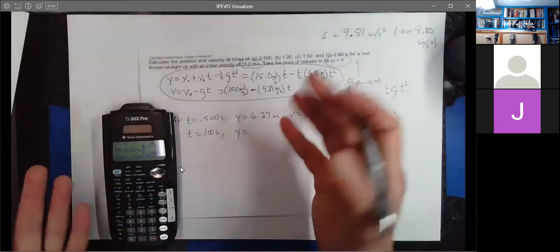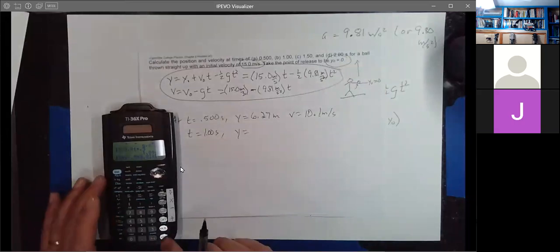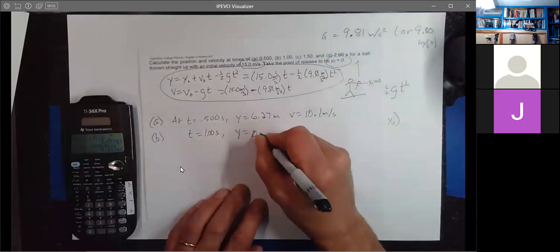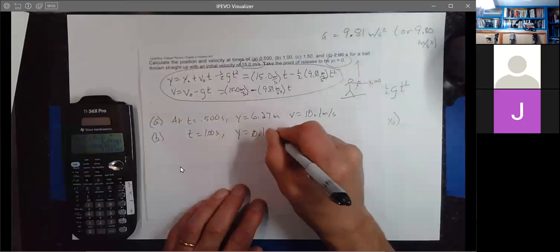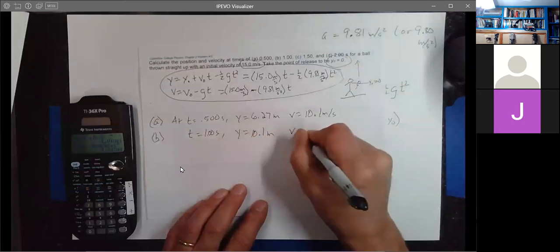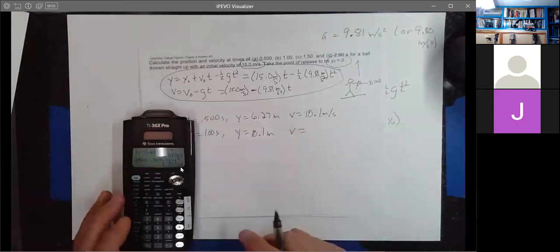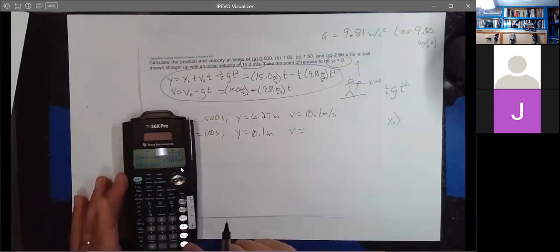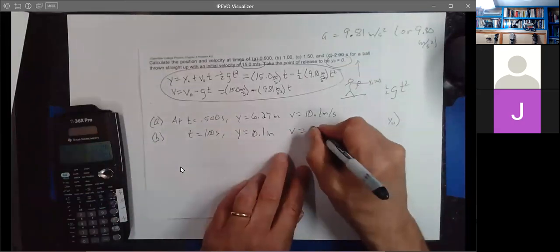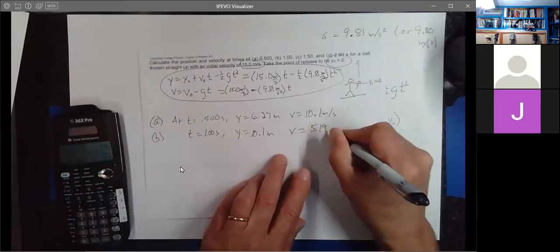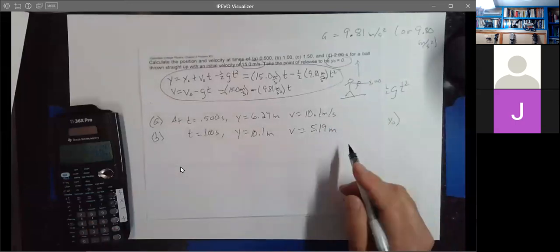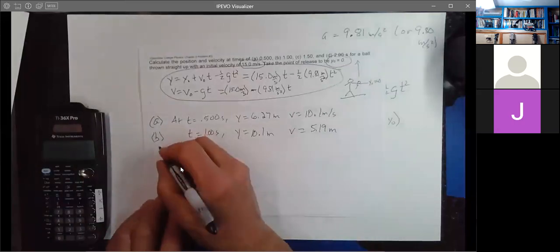Now really, multiplying by 1 and multiplying by 1 squared doesn't do anything, but I get y is equal to 10.1 meters, and v is going to equal 15 minus 9.81 times 1, but that's just that. And I get v is 5.19 meters per second. So this is getting kind of repetitious, but maybe it'll get more interesting.